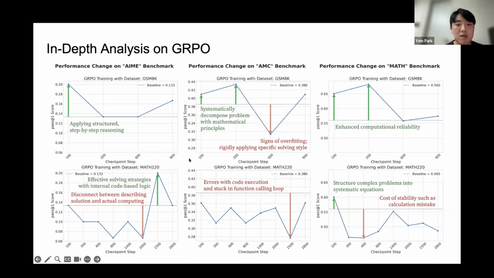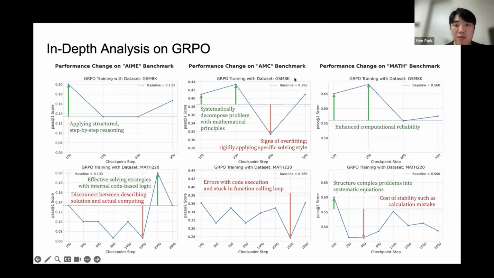I didn't mention that the three figures above are constructed using GRPO with the datasets GSM8K and GSM-AK, and the three figures below are constructed with MATH 220. So that is why the checkpoints are different.